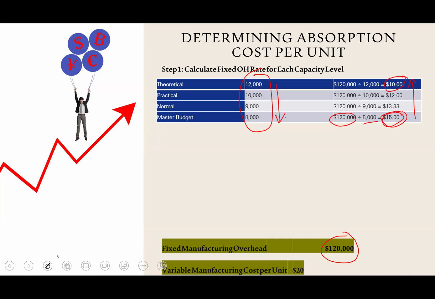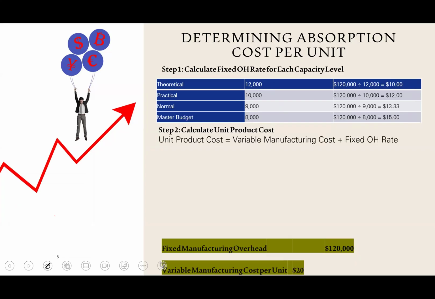So the rate here is the biggest because you're dividing by the smallest denominator. This is the first step every time you calculate income: figure out the fixed overhead rate. Now you add your fixed overhead to the variable cost, which is given to you at $20 per unit.